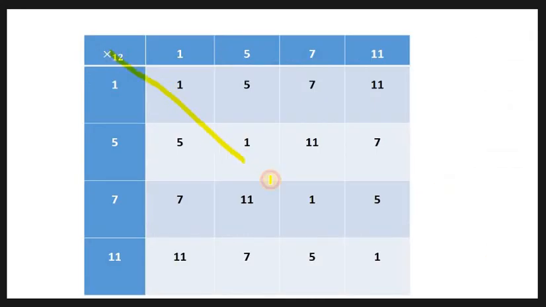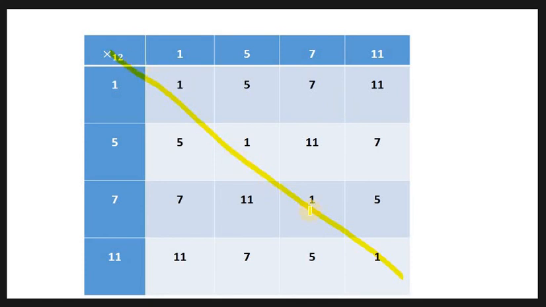This is the principal diagonal. The elements on the principal diagonal are 1, 1, 1, 1. Now observe the table above the principal diagonal, that is 5, 11, 5, and below 5, 11, 5. The next row 7, 7, 7, 7, 11, 11.